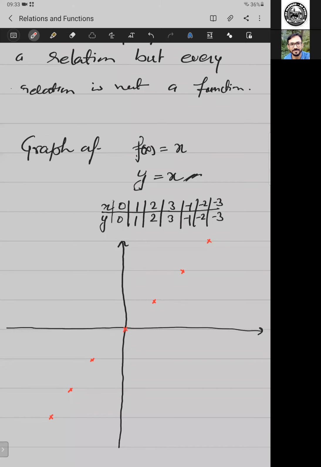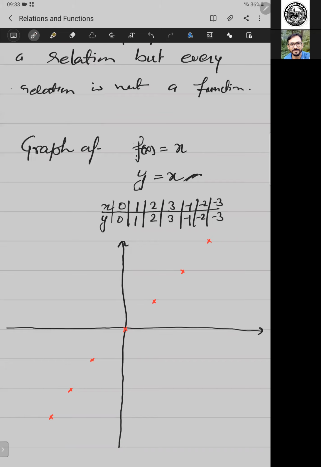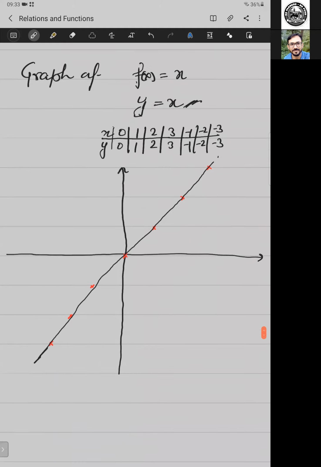So let us make this graph. Okay, let us join them. So this is the graph of f(x) equals x.